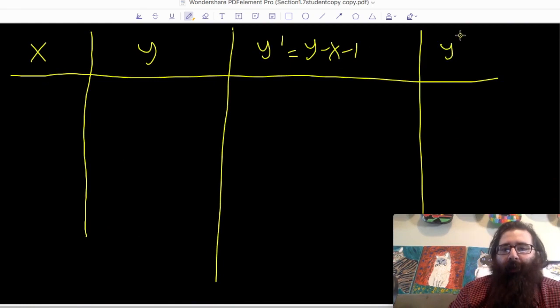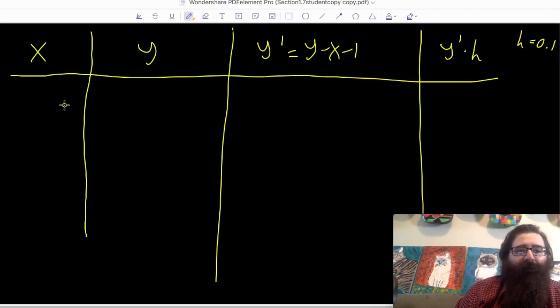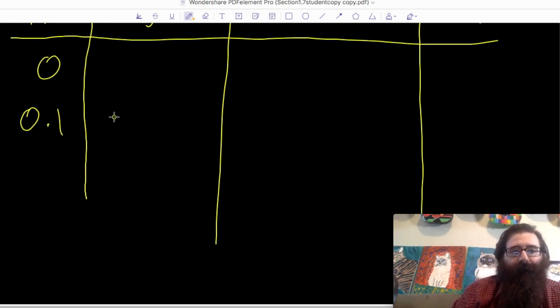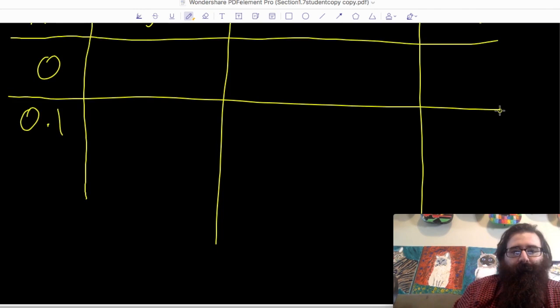And then y prime times h, and here we're going to be using h as 0.1. Let's fill out the x column. So 0, 0 plus h gives me 0.1. If I add h again, I get 0.2.